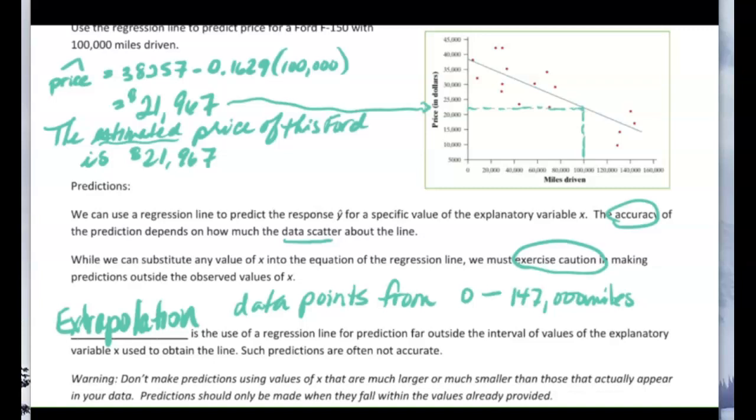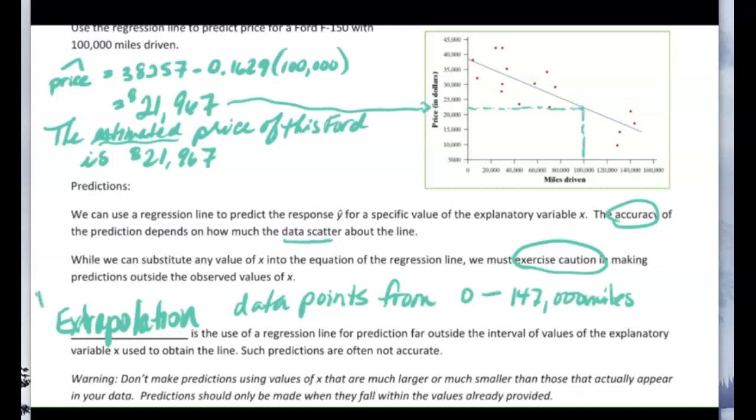If they ask us to use the line to predict, let's say, 200,000 miles, I have a line for it. I could probably plug it in, but is it a good idea? Probably not. Usually this idea of extrapolation is that it's not a good thing to do.